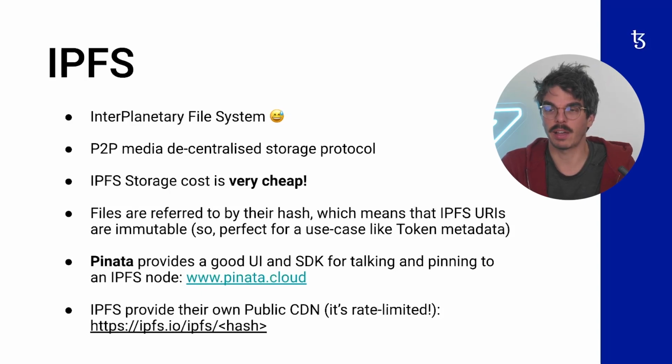So if you have the URI for a file that you've uploaded to IPFS, you can know that that file will never change, because if the file were to change, then the hash would change. So if you are referring to a file on IPFS by its hash, you know that that file is immutable. That is a property of IPFS.